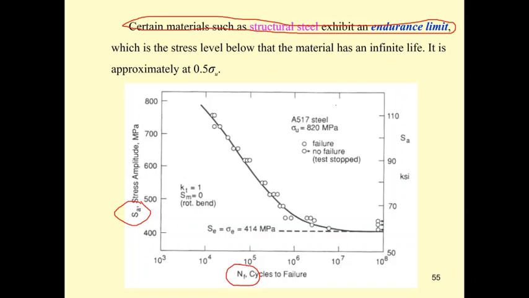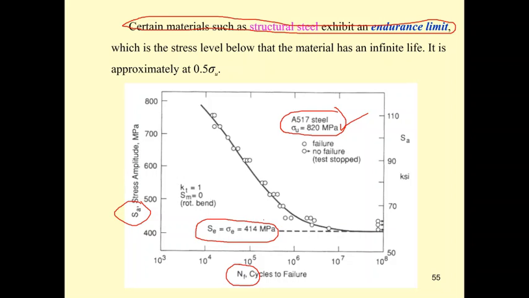For the steel in this example, having sigma sub u of 820 megapascal, the test shows the endurance limit of this steel is about half of sigma sub u. This is good news for structural steel, because structural steel has a yielding stress of 250, and when we design the beam, we use a factor of safety of about 2.